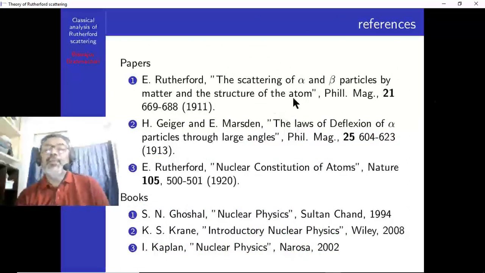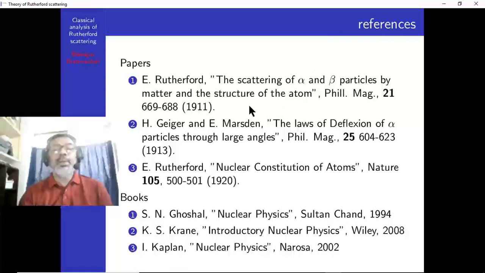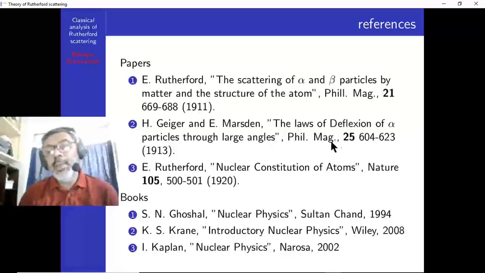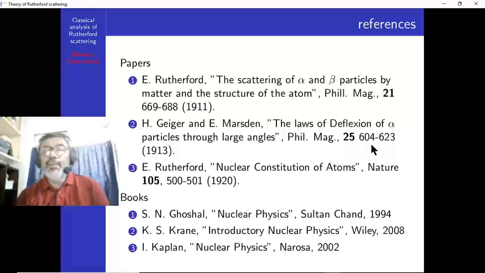Now here we have some references. Ernest Rutherford, Scattering of Alpha and Beta Particles by Matter and the Structure of the Atom, Philosophical Magazine, Volume 21, page 669 to 688, year 1911. Geiger and Marsden, The Laws of Deflection of Alpha Particles Through Large Angles, Philosophical Magazine, Volume 25, page 604 to 623, year 1913.